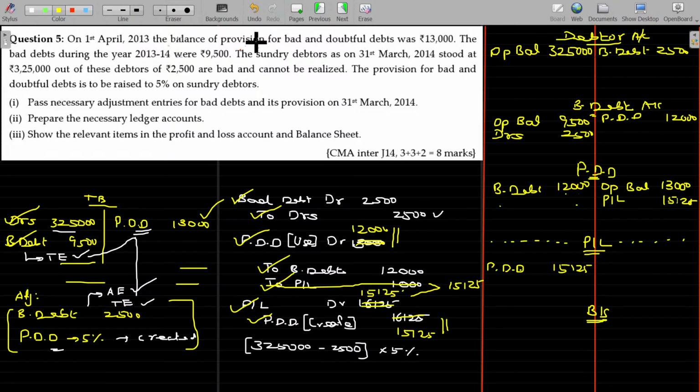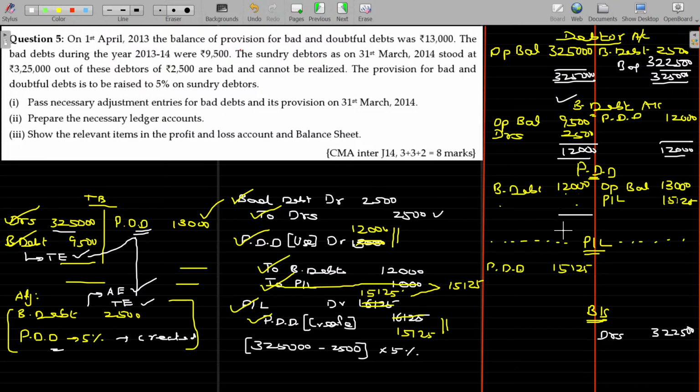By solving the debtors account, 3,25,000. The balance what we have here is 3,22,500. We'll go to the asset side of the balance sheet. So as debtors, the value being 3,22,500. Bad debts nominal account will be eliminated. So whatever the method you would have, this will be eliminated.